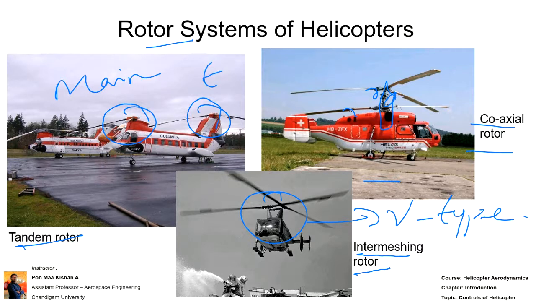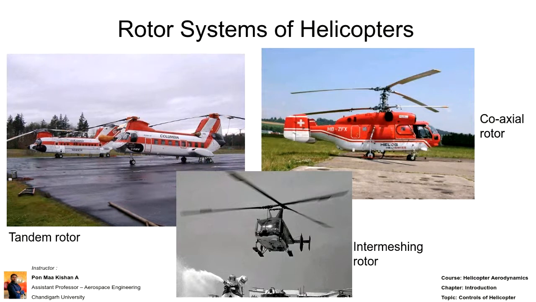Okay, so the ordinary helicopter which we are seeing, right? So apart from that, we are having this type of tandem, coaxial, and intermeshing rotor also. Okay, so this rotor system, each and every helicopter is having its own advantage as well as disadvantage depending upon the purpose they are used.